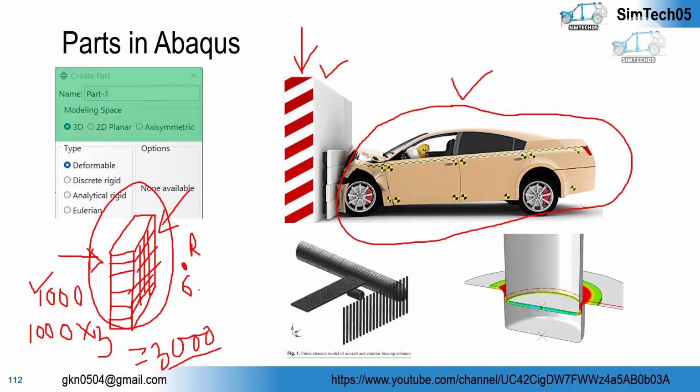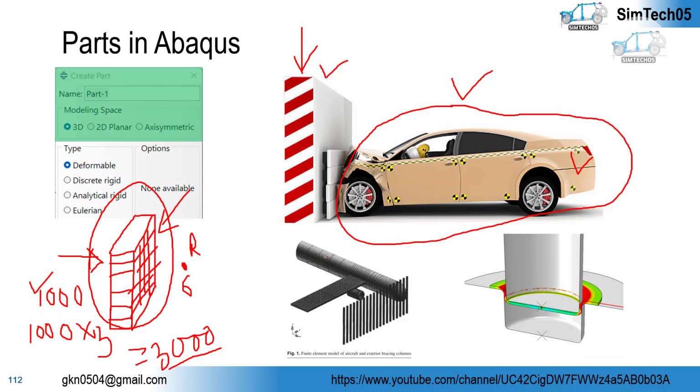That's why if you are not interested in the results of a few components, we can make them rigid. But there are lots of constraints. It doesn't mean that this back end of the car is not going to deform, and then we can consider it rigid. It doesn't work like that. There are lots of restrictions, and we have to follow them to apply rigid boundary conditions.